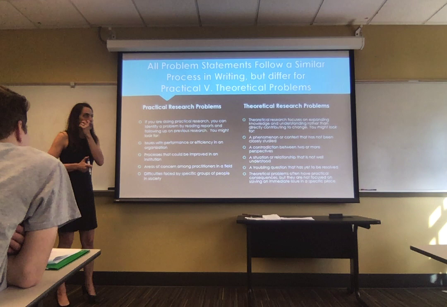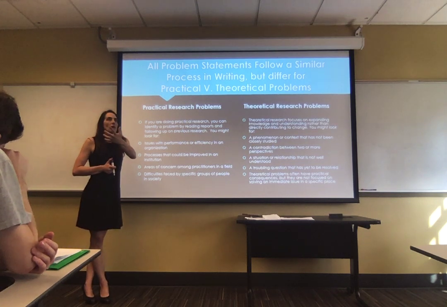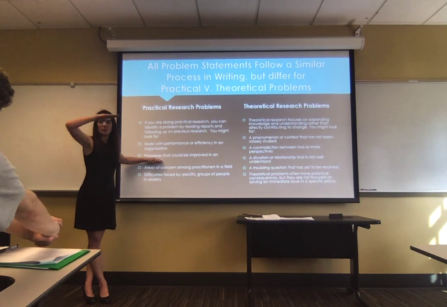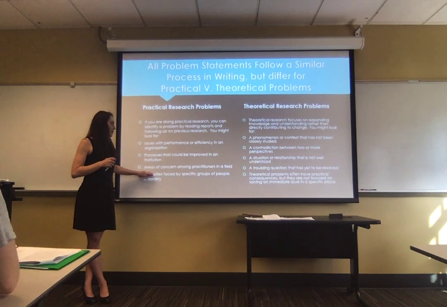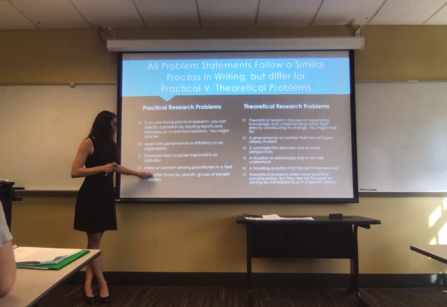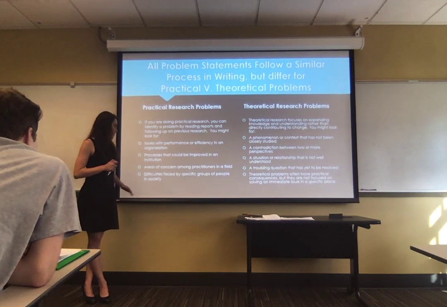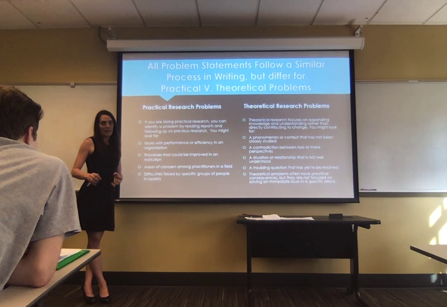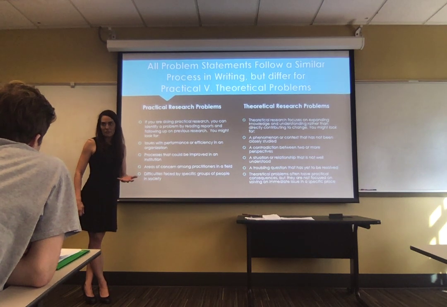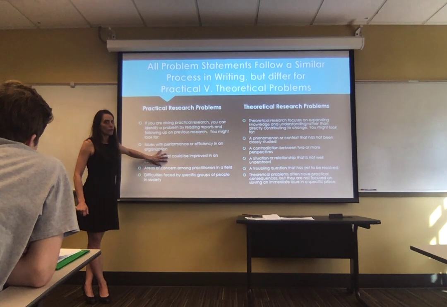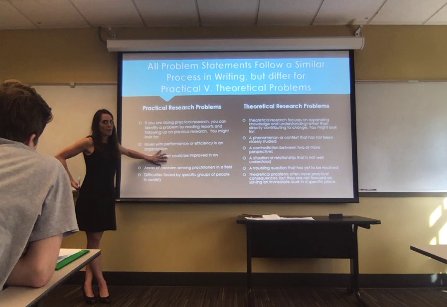So I have another student who's talking about the foster care system, and the different programs that are there. Areas of concern among practitioners in a field. So are there particular areas with laws or barriers or boundaries? Difficulties faced by specific groups of people in a society, a disparity, a lack, an injustice, if you will. If you think yours falls within this, keep it in your back pocket.